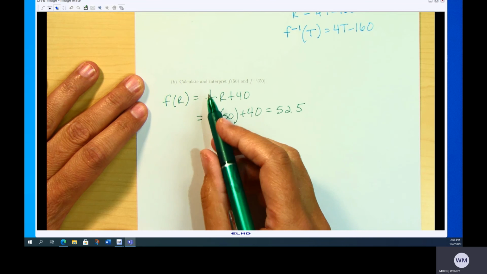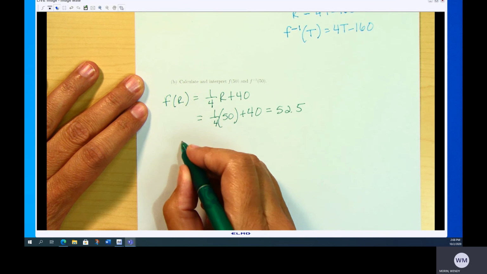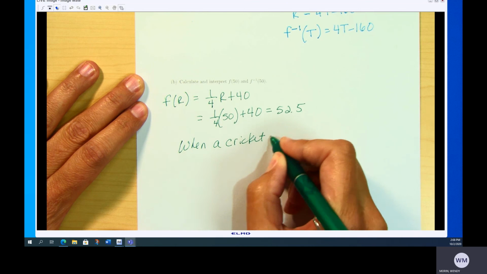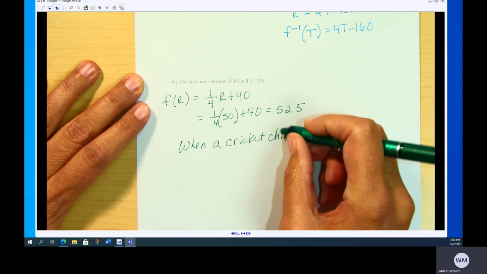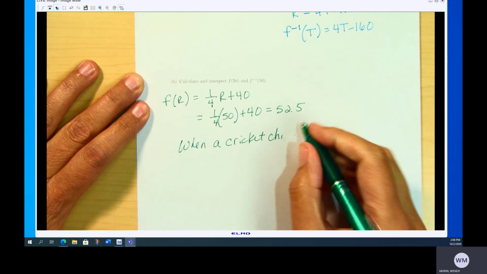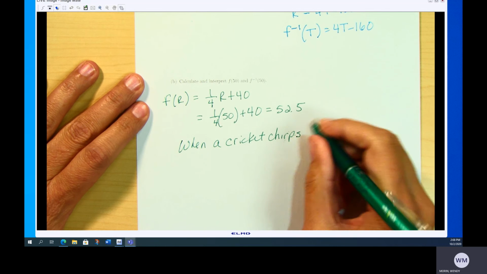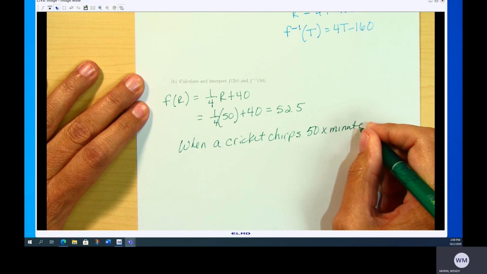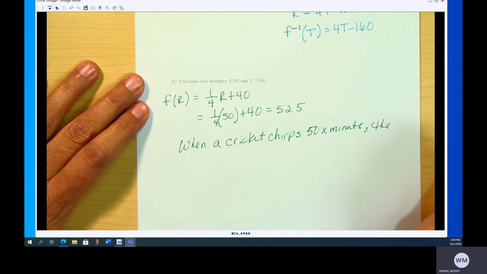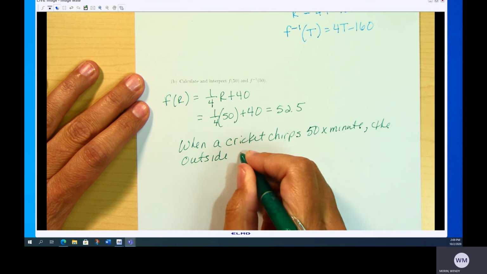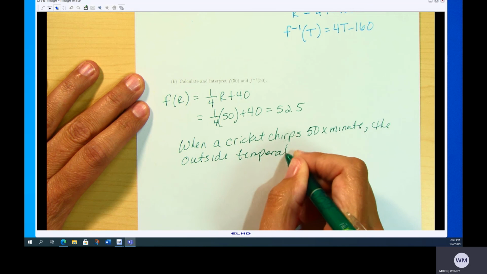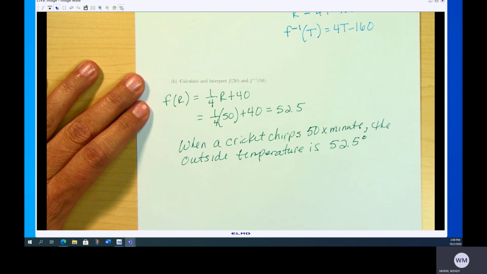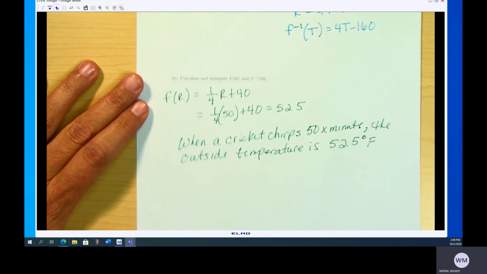So when a cricket chirps 50 times per minute, the outside temperature is 52.5 degrees Fahrenheit.